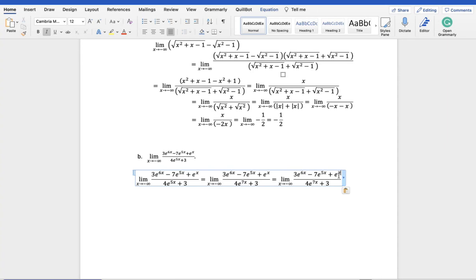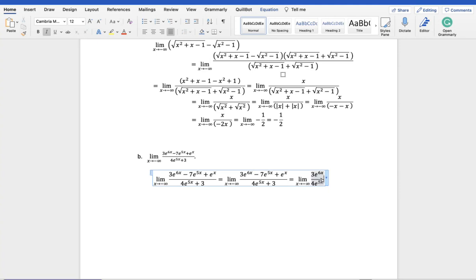By that I mean you can basically just ignore all the terms with the lower degrees, and that's only when x is tending to an infinite value. Oh, sorry, I forgot to change this back. We have 5 there and a 5 there.